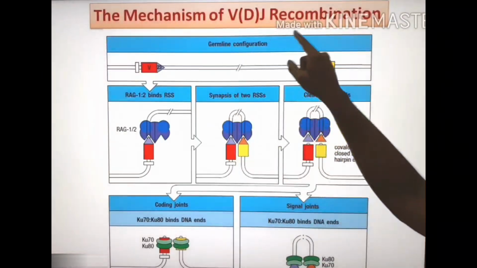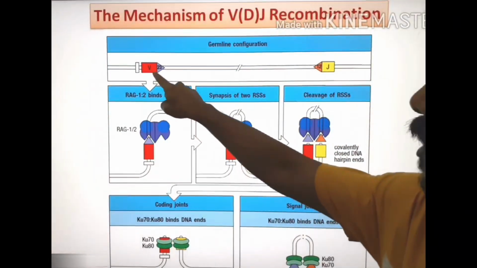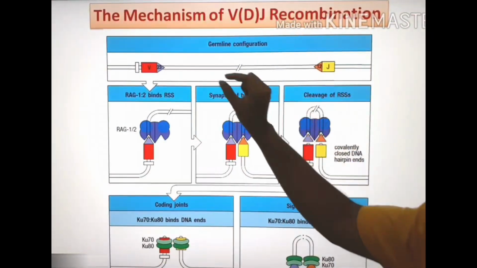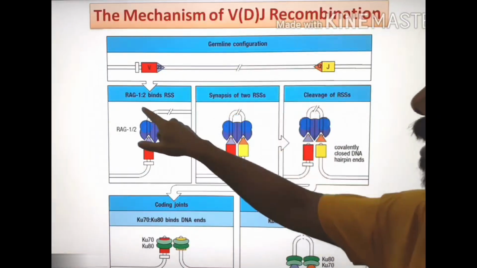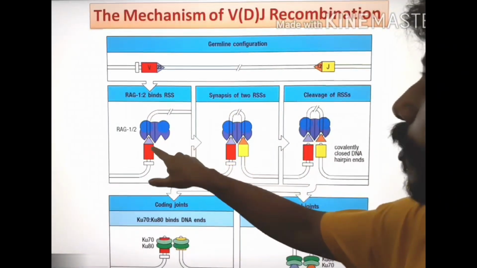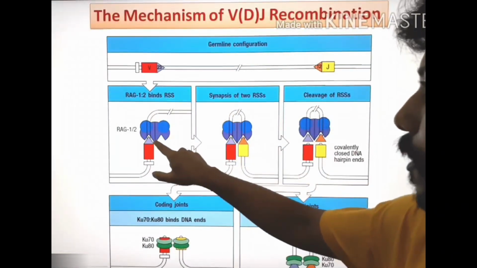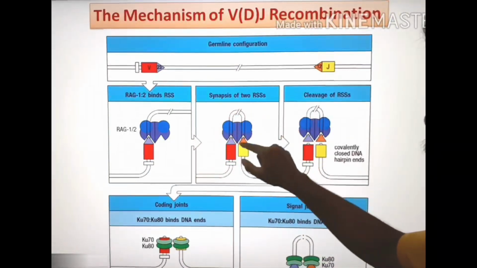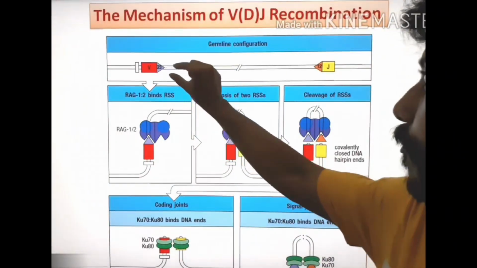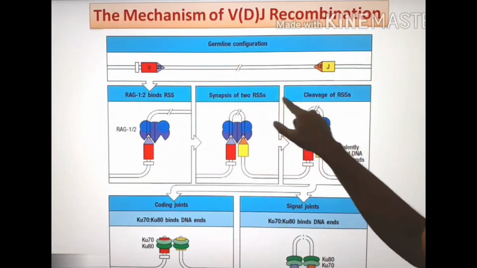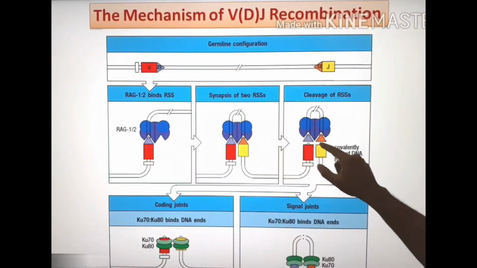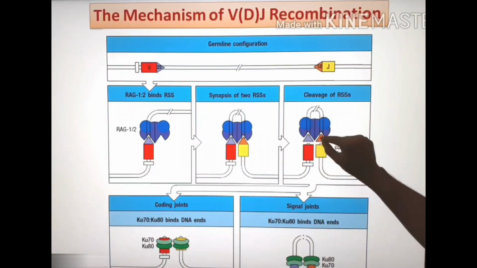The mechanism of VDJ recombination. If this V segment and J segment start to recombine, first the RAG1 and RAG2 bind with the signal sequence. Then a synapsis occurs between these two segments, the V and J segments. RAG1 and RAG2 cleave the RSS sequence.